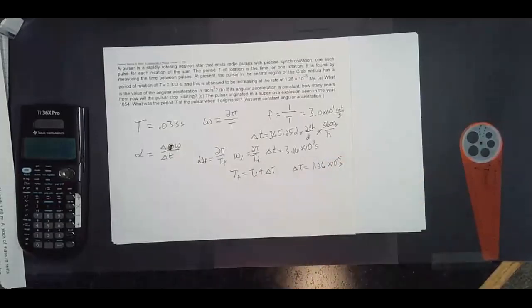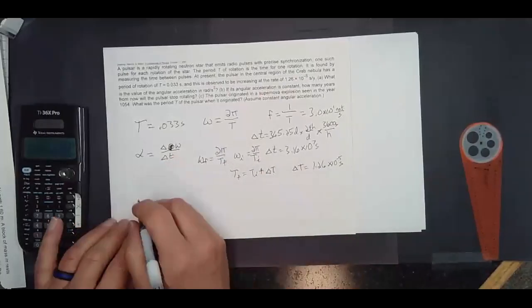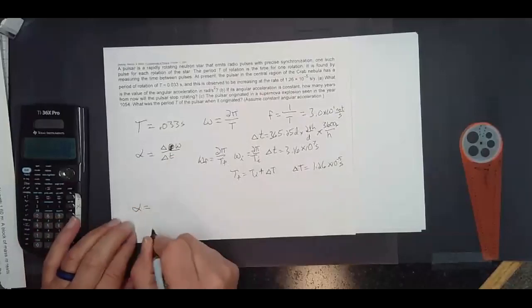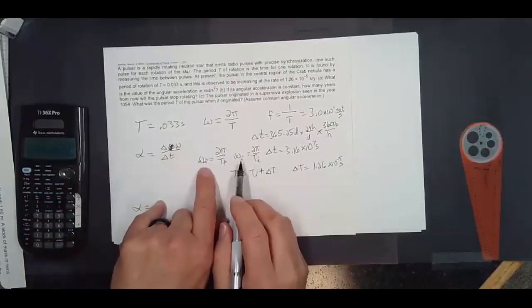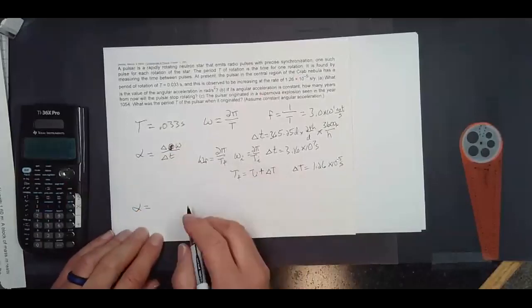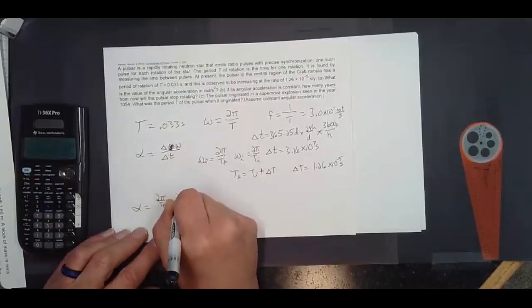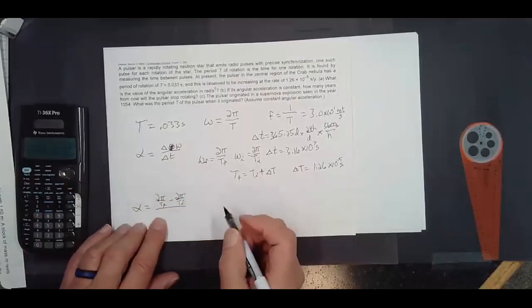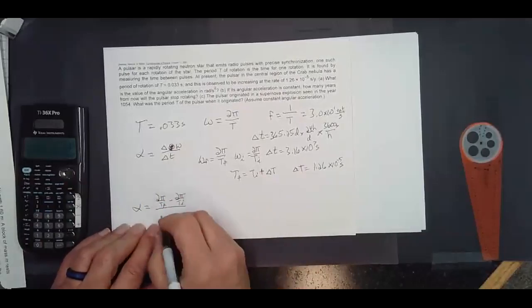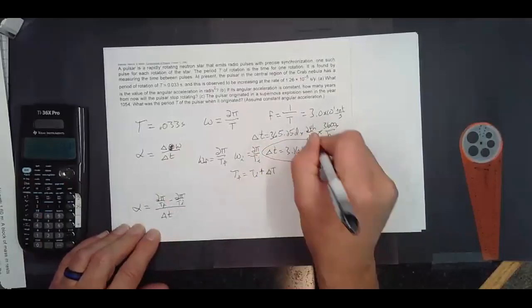All right, well, let's see if we can make any sense out of this. Alpha is then going to equal delta omega, which will be one of these minus the other one. Actually, it's going to be negative, but that's okay. I'll have 2 pi over T final minus 2 pi over T initial, and I'm going to divide that by the delta t, which is the number of seconds in a year.